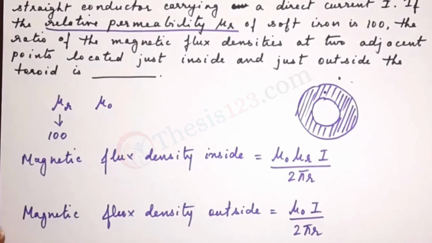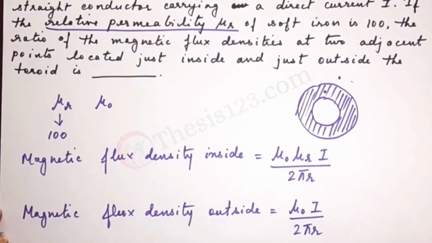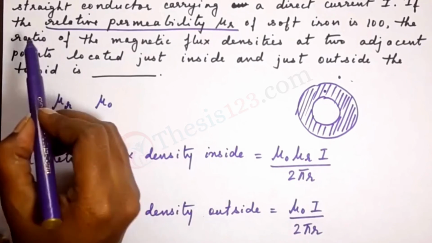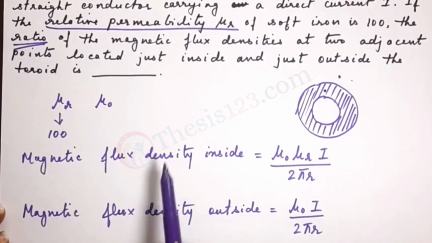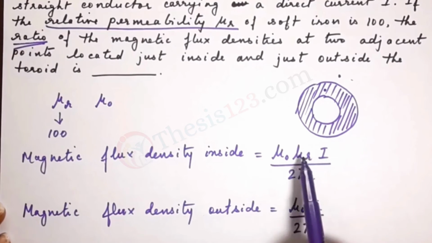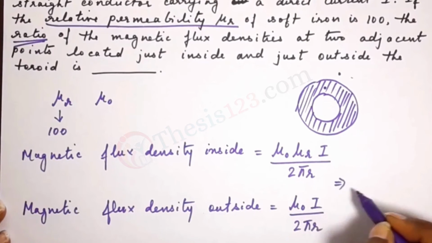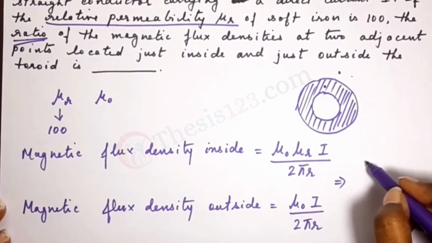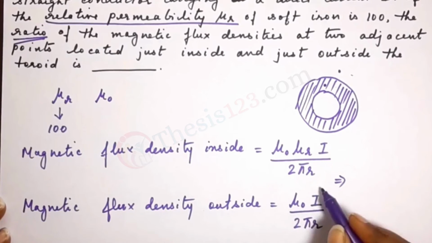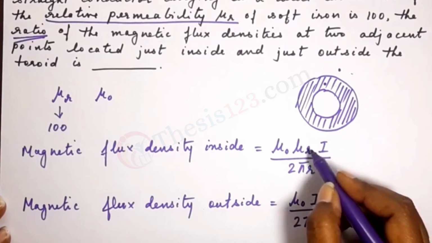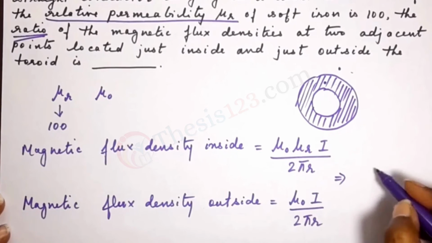Okay. So next we need the ratio. The question says ratio of the two magnetic flux densities. So it would be inside to the outside. So it's the ratio between these two, and you can immediately see that everything cancels out except for mu r.